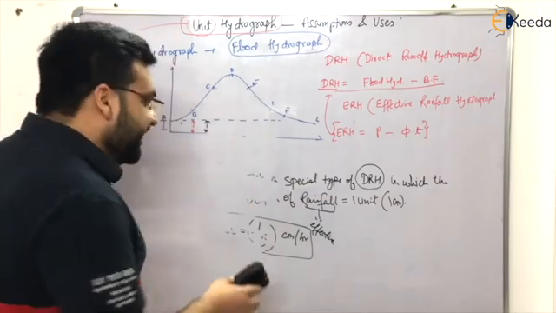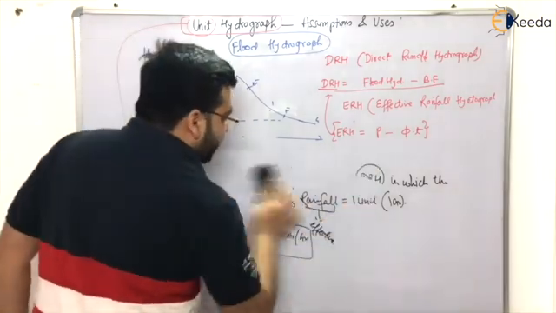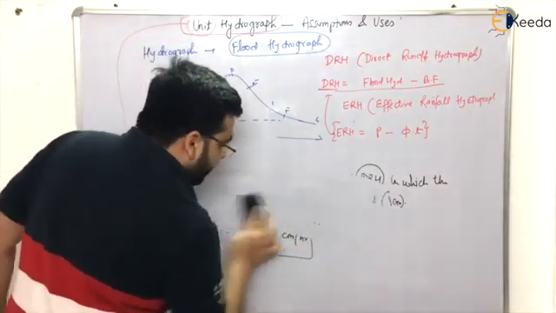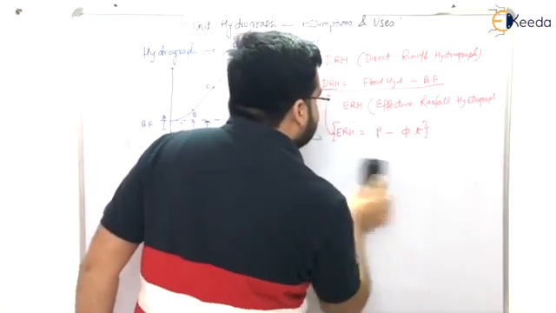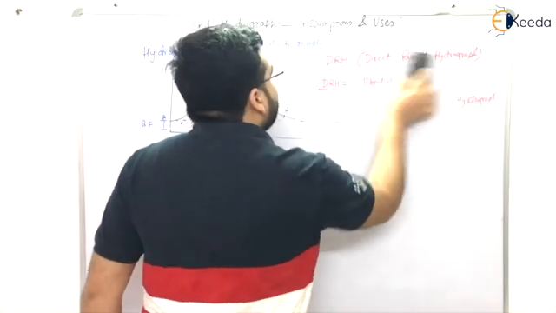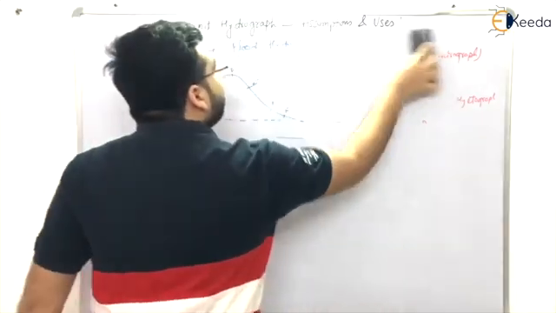So 1 upon d centimeter per hour will be the intensity of rainfall. Now let us discuss some assumptions in the unit hydrograph method.